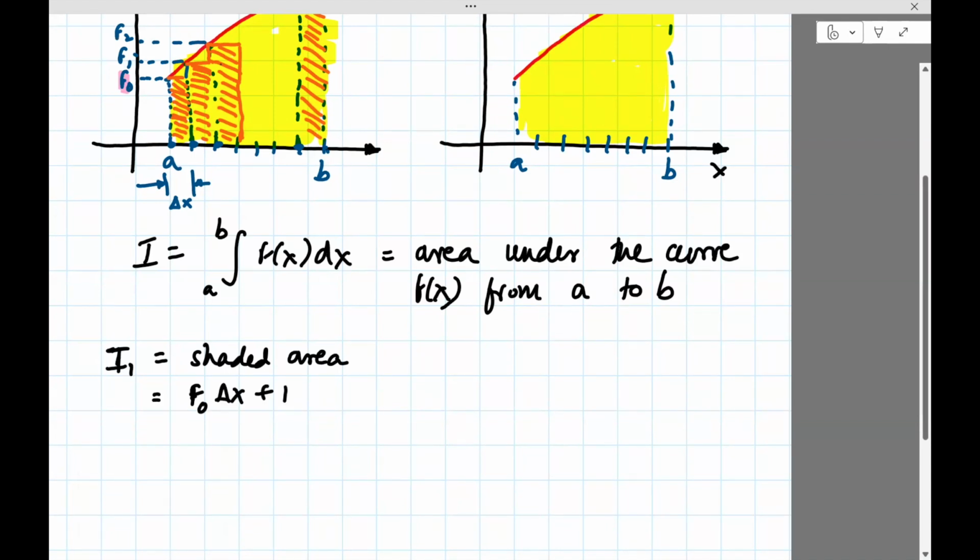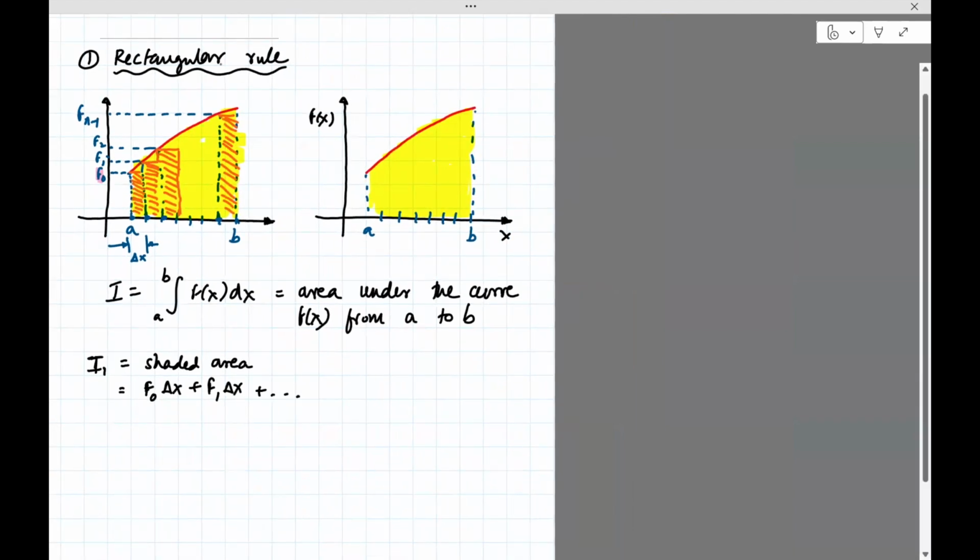The second one will give me f1 times delta x. And I keep doing that till I reach f n minus 1 times delta x. So I can pull the delta x out: f0, f1, and so on, f n minus 1, times delta x.